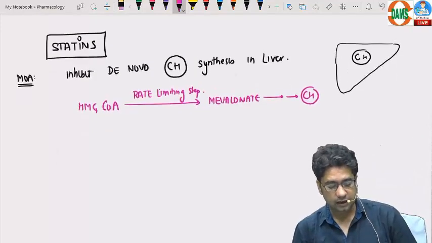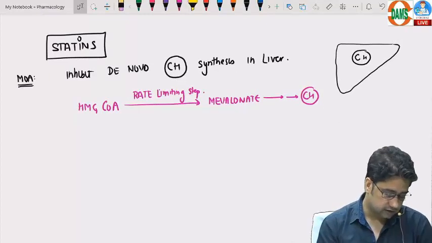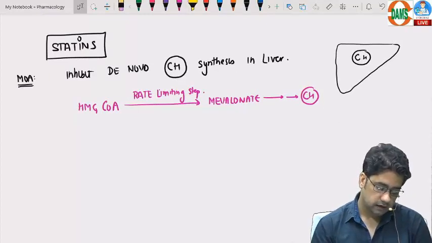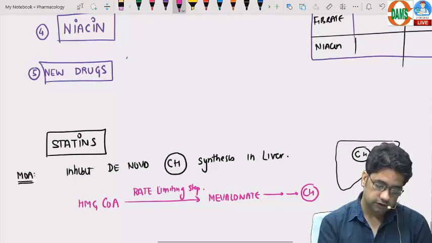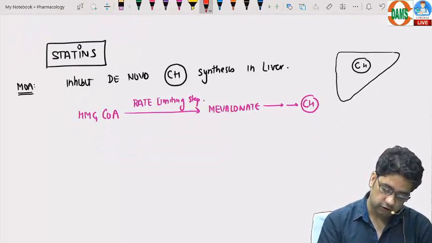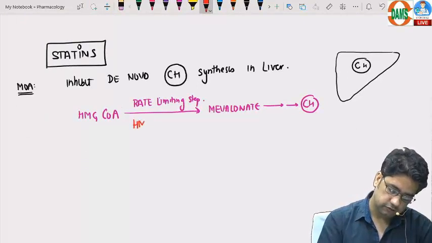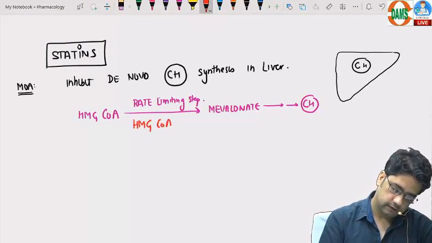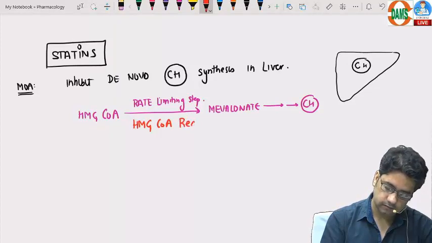This first step is the rate limiting step of cholesterol synthesis. After niacin, we have written new drugs. And this step is carried out by HMG-CoA reductase. Reductase word is also very important.